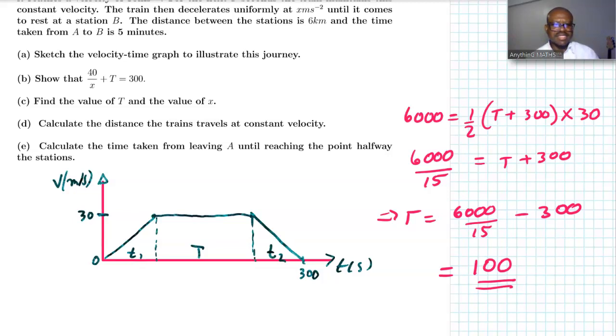Thus, we substitute the T in that equation and solve for x. So let's do that.